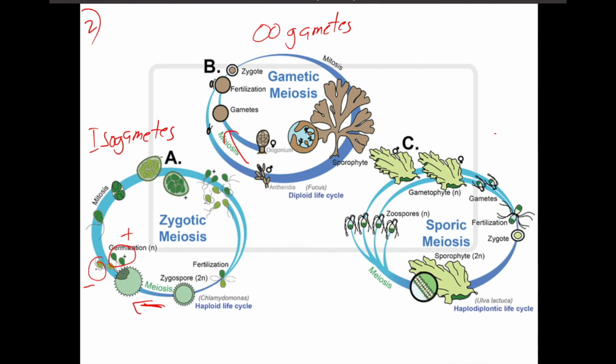So these are oogametes. Why is it an oogamete? The larger one is immotile, non-motile. The smaller one is motile. Again, these are heterogametes too, right? But it's specifically an oogamete because the larger one is non-motile, the smaller one is motile.